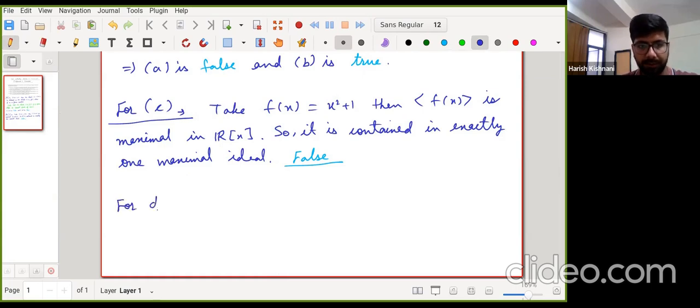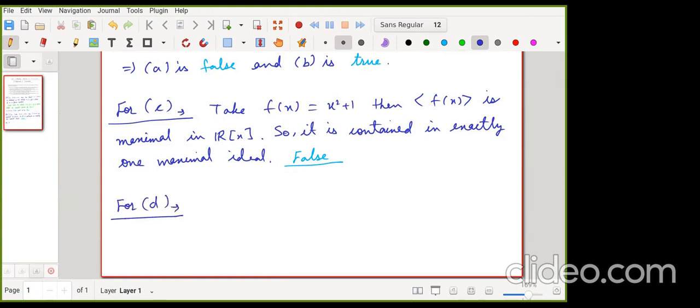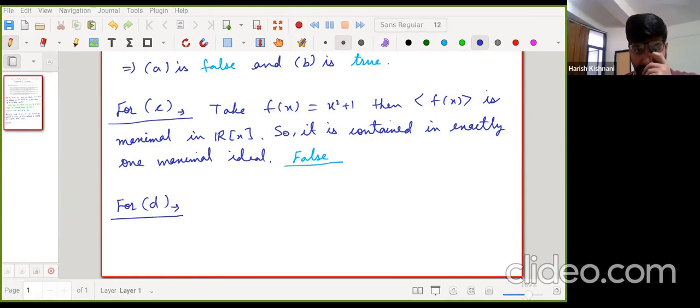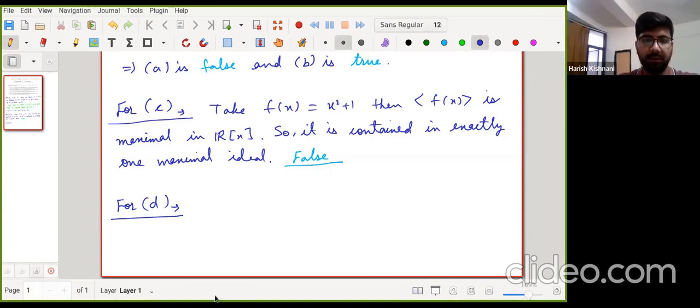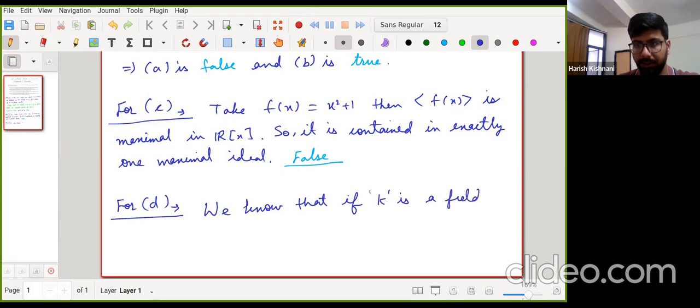For that we are going to use that if K is a field, then K[x] is a PID, a principal ideal domain, and a PID is just an integral domain in which every ideal is principal, meaning it is generated by just a single element. That statement I hope you are familiar with.